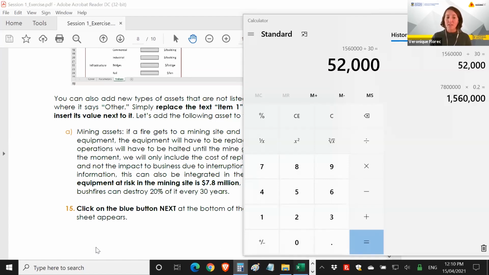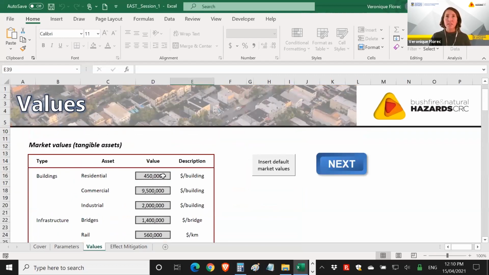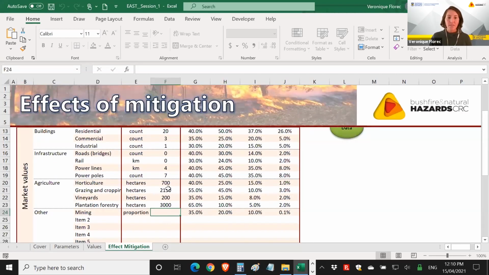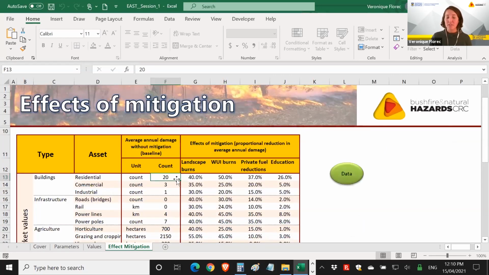Why? Because what the tool is doing, and you don't know this, but that's the reason I'm explaining to you, is it will multiply, and we'll see this in more detail in session 2, this value for residential buildings, 450,000, times the 20 buildings that get destroyed.